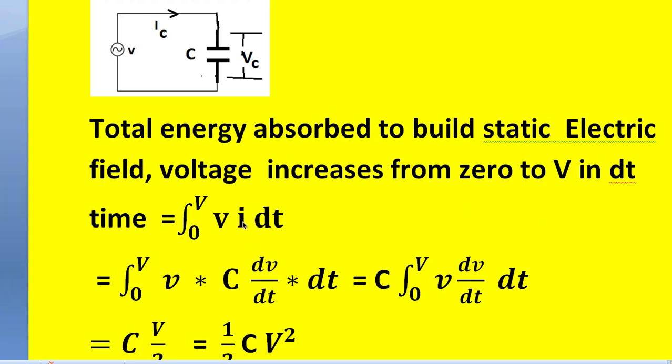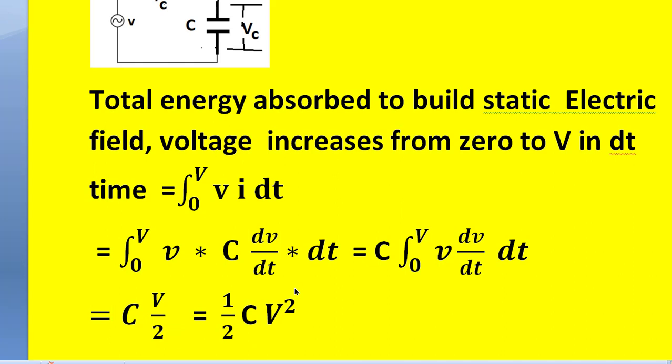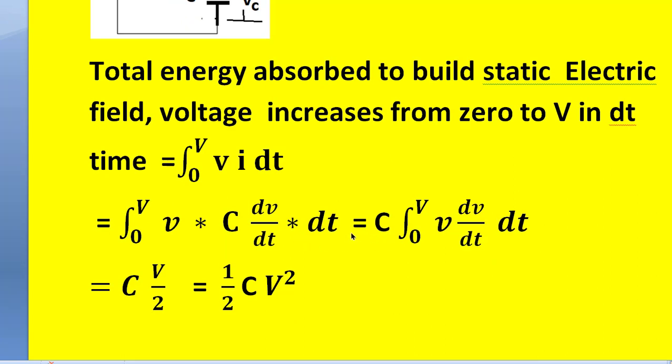And if you look at this, I in a capacitor is nothing but C into dV by dt, into dt. So this dt and this dt are going to get cancelled. Then we get the C outside, integral 0 to V into dV by dt into dt.